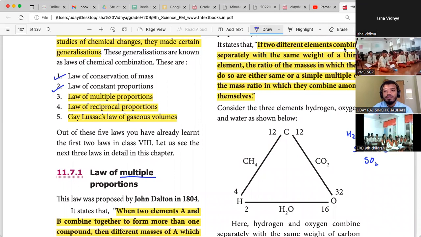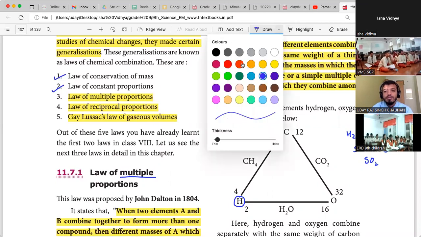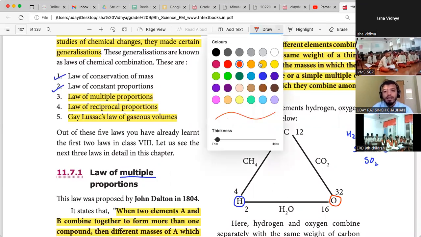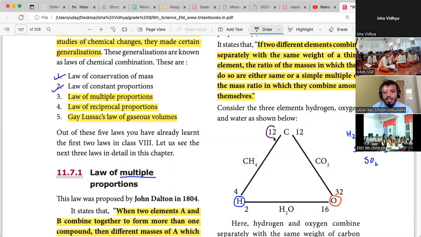If two different elements combine separately with the same weight of a third element, what are the two different elements? Here the different elements are hydrogen and oxygen. They are combining with the same weight of a third element, which is carbon.